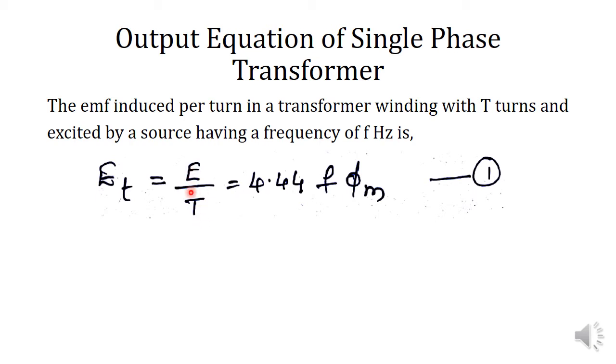This is applicable for primary as well as secondary. EMF per turn is equal to 4.44 F phi m. That is equation number 1.